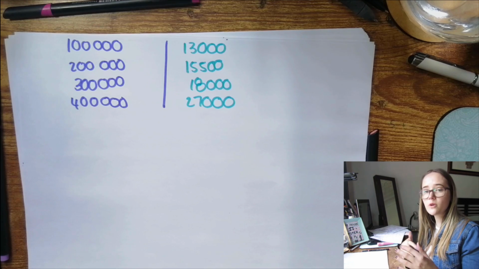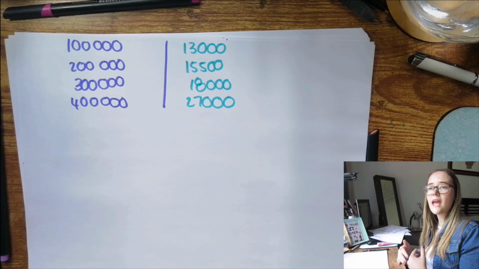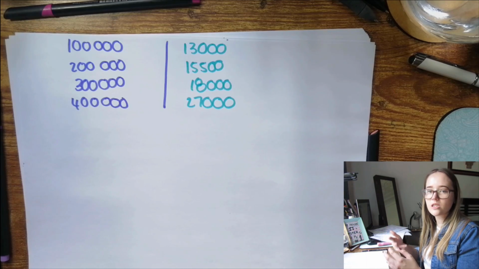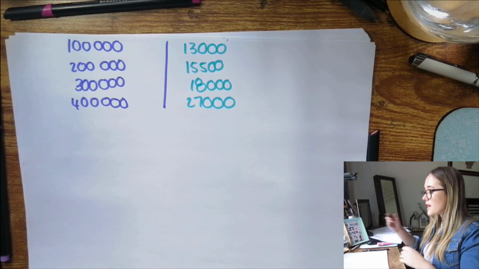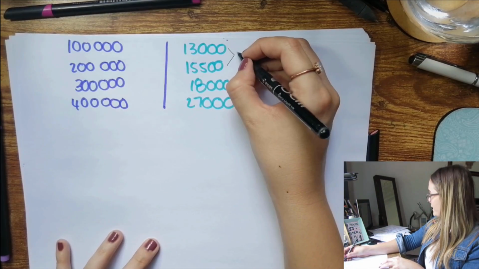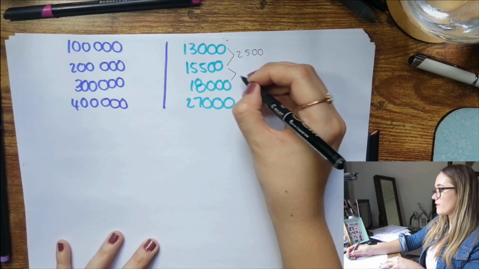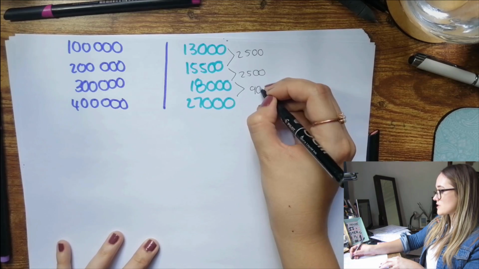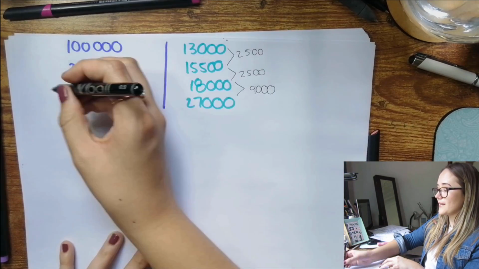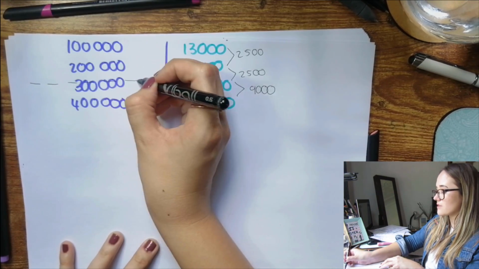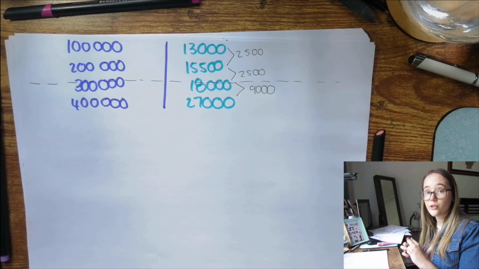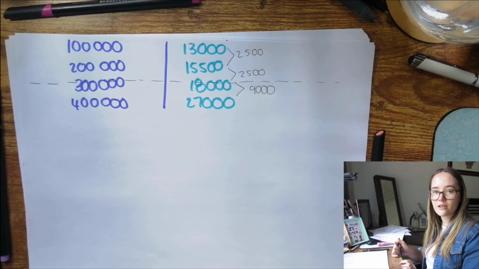Why did they increase? Because your capacity level increases, and if you go over a certain capacity level, there's certain fixed costs that will increase with that. Now if we look at this, the fixed cost here would have been 2.5, 2.5, and then here it increases to 9,000. So we can see after 300,000, after we have a 300,000 level of units, our fixed cost increase.